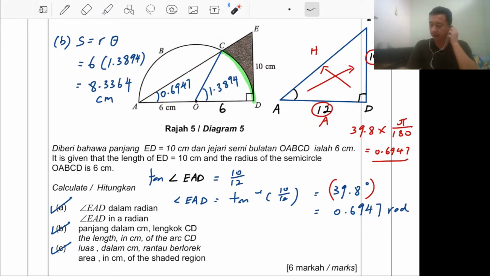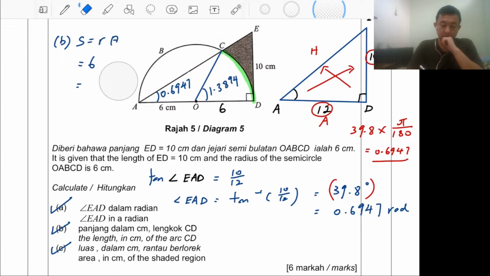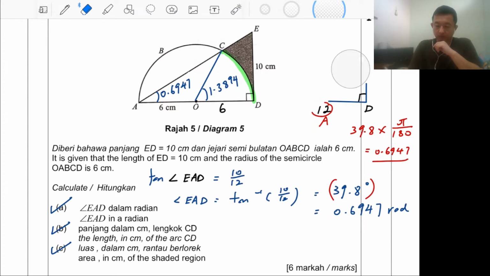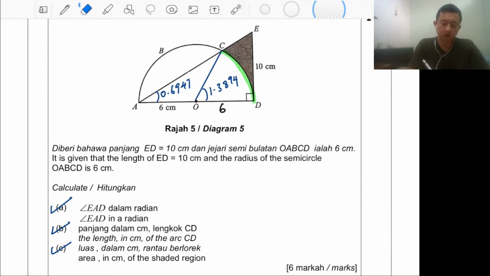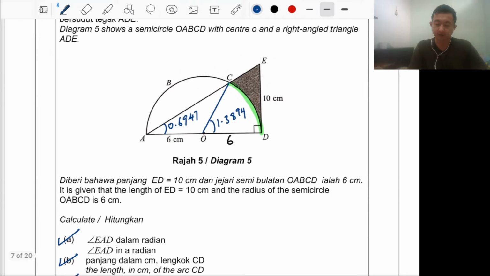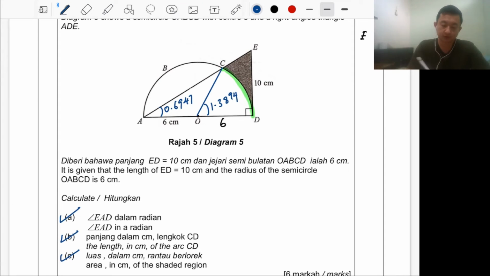Okay, let's figure out one by one. Let me log it off first. Let's start with the area of the shaded region.